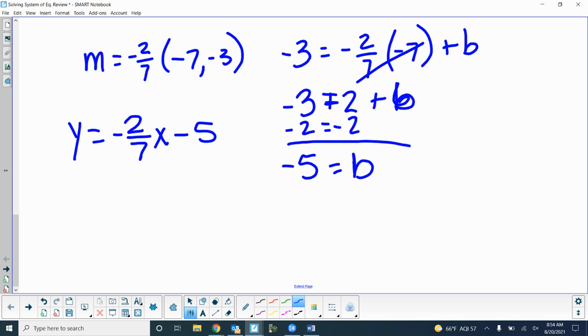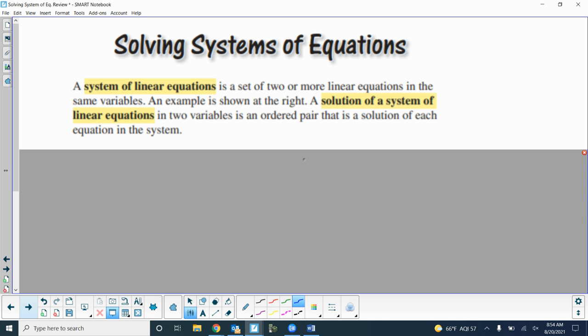All right. Today we are going to talk about solving a system of equations. A system of linear equations is a set of 2 or more linear equations in the same variables. We're going to look at an example here. It's actually below, not at the right.